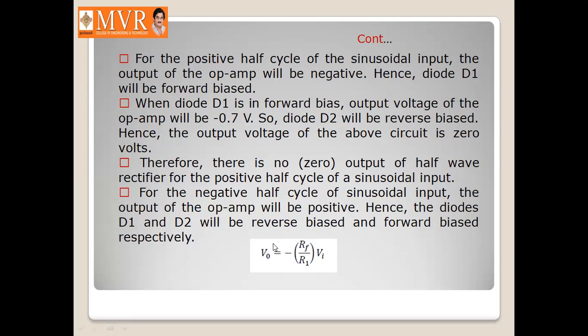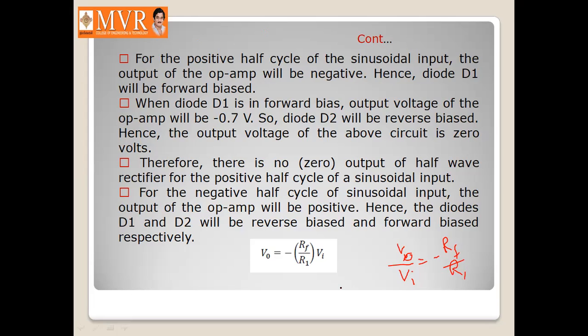As we know, the gain of an inverting amplifier is V naught by Vi equal to minus Rf by R1. This is the gain of our operational amplifier. Here the op amp is going to perform as an inverting amplifier.